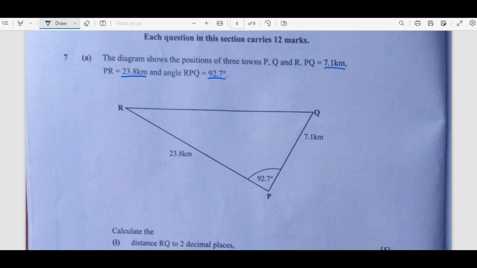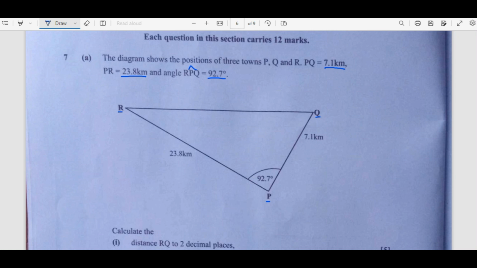Whenever you've been given 3 letters, just know that the letter in between the 2 letters is the angle. So here we have R, Q, and P. These are angles because capital letters are used.